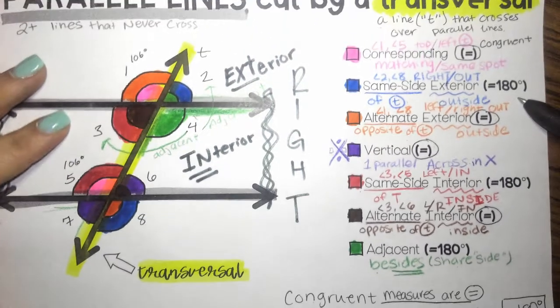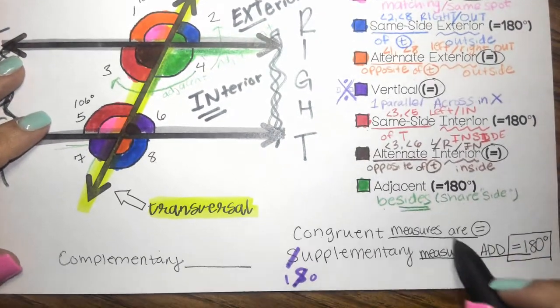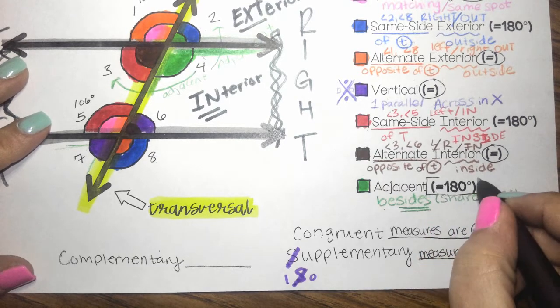So now looking at what kind of angle pairs will yield 180 degrees. And I think the best way to show you this is adjacent angles. Adjacent angles are supplementary.